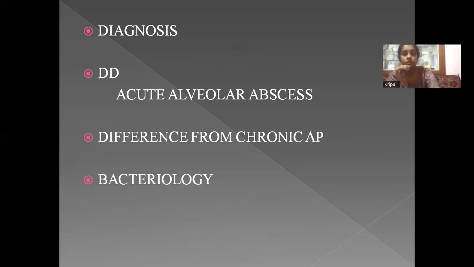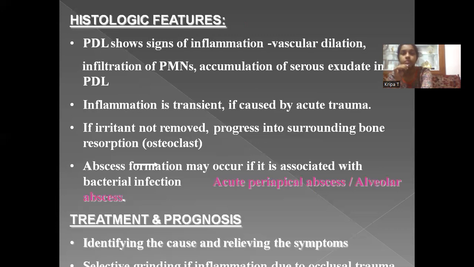For diagnosis, we have already discussed the clinical symptoms, checking the vitality, and examining the tooth as such. The differential diagnosis is with an acute alveolar abscess, but usually an abscess will be more like an emergency, and there will be a lot of differences from a chronic lesion, including in bacteriology.